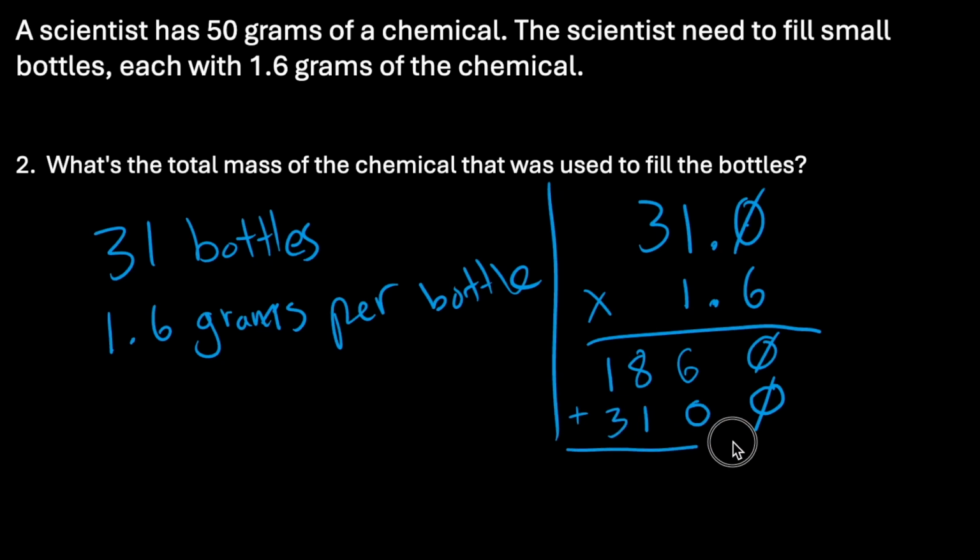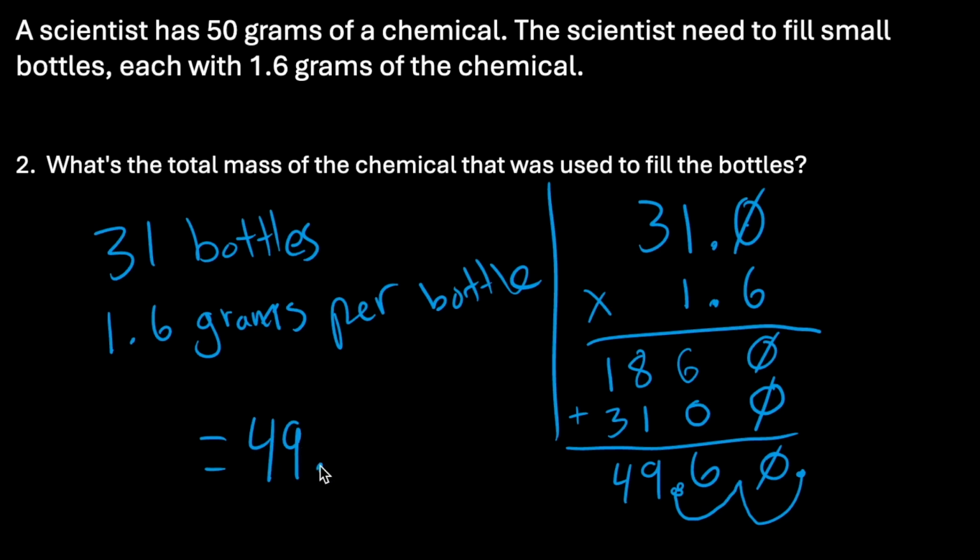And so we add these up. 0, 6, 9, and 4. And there are 2 numbers next to a decimal point, so we move this decimal twice. So the answer is 49.6 grams. So 49.6 grams was used from the 50 grams.